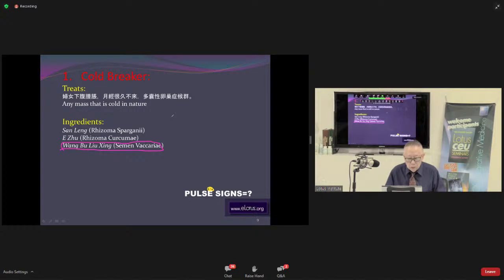Wang Bu Liu Xing I mostly use for ladies' periods that haven't come for quite a while, a few months, or for young ladies with polycystic syndrome, or some lady with emotional trauma whose period has stopped for several months.